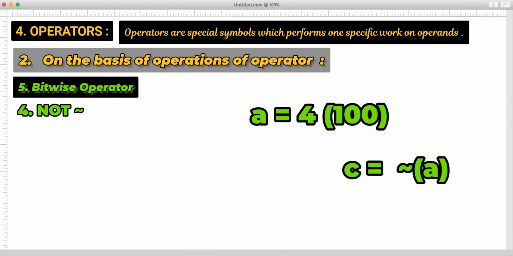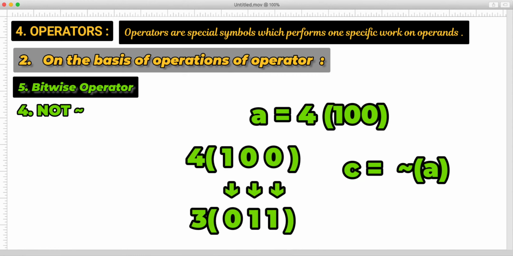Then if we apply the NOT operator to variable a, as you can see on the screen, NOT a, it will complement the binary code. So the complement of 100 is 0 1 1, and the decimal equivalent of 0 1 1 is 3. So C will be equal to 3.